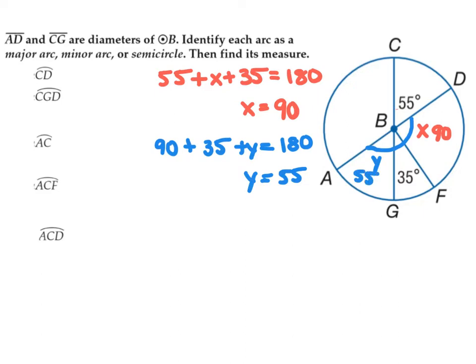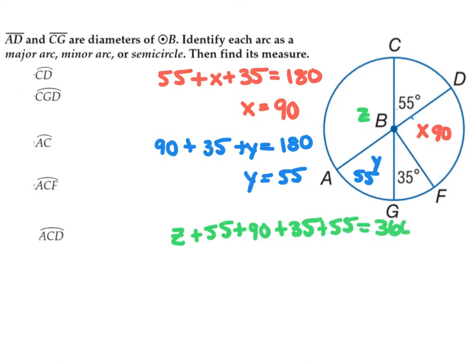And then lastly, I now know everything except for this last angle. So what I could do is say all the angles in a circle add to 360. So z plus 55 plus 90 plus 35 plus 55 should equal 360.